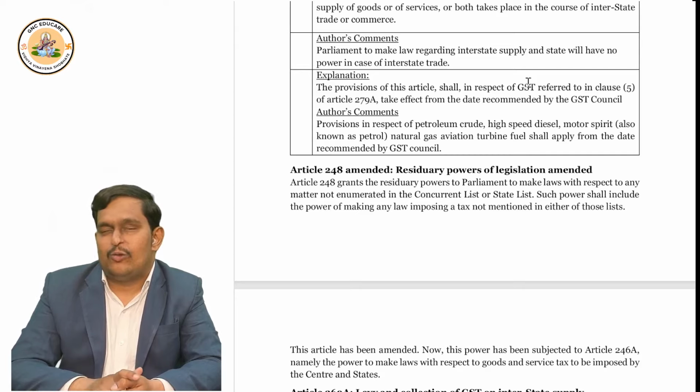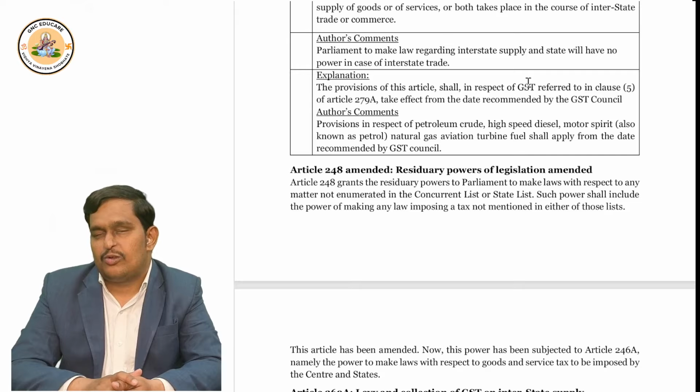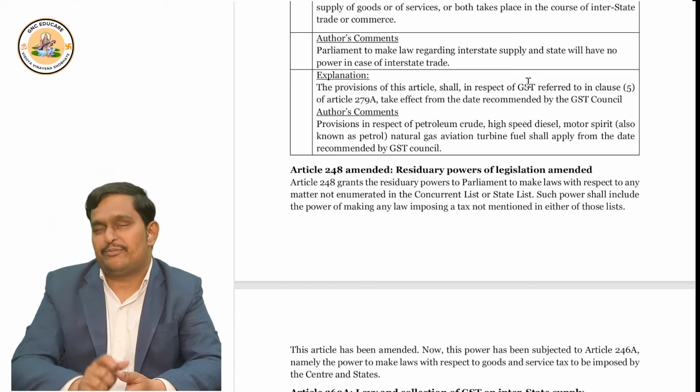They said it's fine, but except GST. So what is the new Article 248? Wherever the state list or concurrent list is silent, central government can make the law, but except for GST. So in relation to GST, they cannot. This is how you should understand.